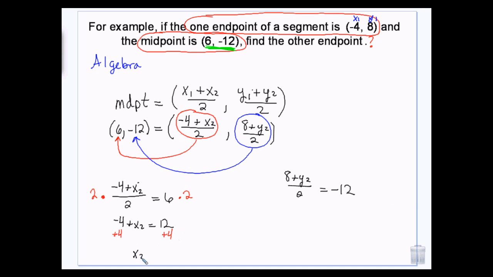And that tells me that x2 is equal to 16. Then I'm going to follow the same exact process over here. I'm going to multiply by 2, which tells me that 8 plus y2 is equal to negative 24. Then I'm going to subtract 8 from both sides, and y2 is going to be equal to negative 32, which tells me that the end point that I was looking for was 16, negative 32.